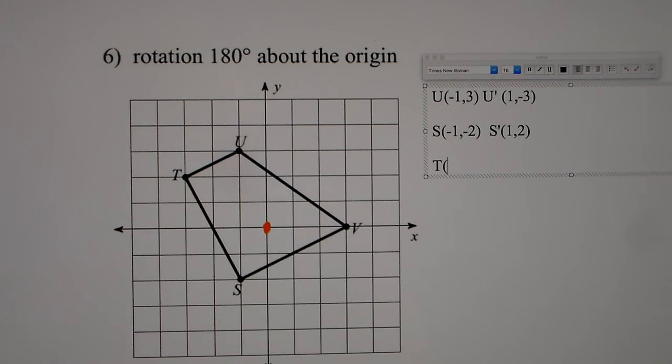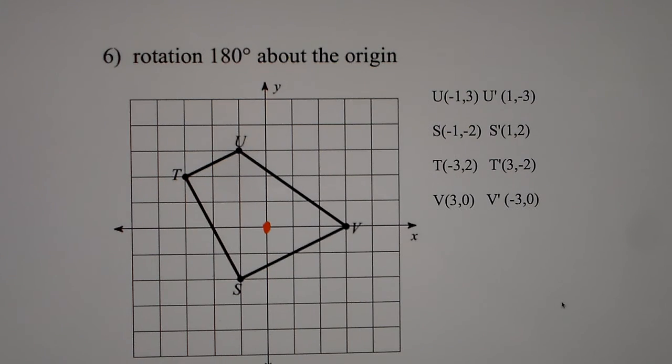T is negative 3, comma, 2. So T prime is going to be 3, comma, negative 2. And V is 3 to the right, 0 up or down. So V prime is going to be negative 3, comma, 0.